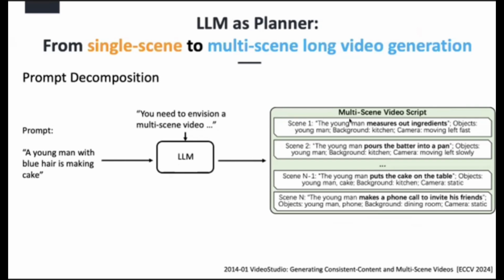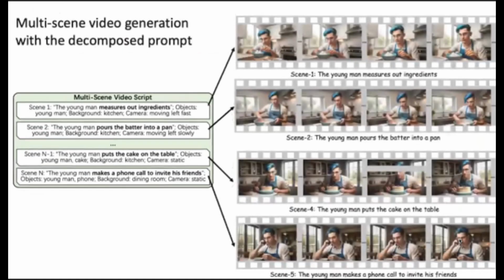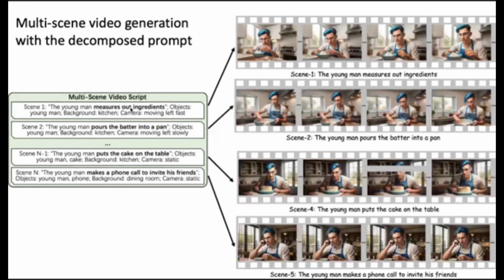So first, the large language models will decompose the detailed steps for making a cake into multiple steps, and we get the multi-scene video scripts, and then we can, based on the different scripts, generate the different scene clips. And for each scene description, we can get the multi-view and multiple actions to generate the long video clips.